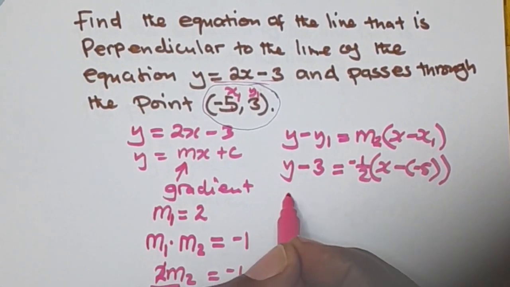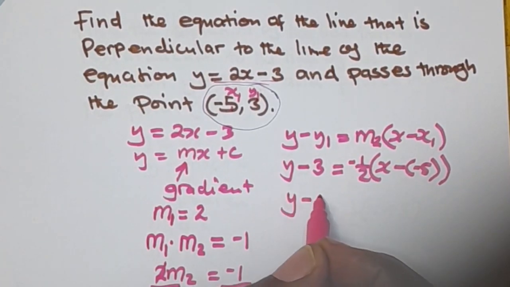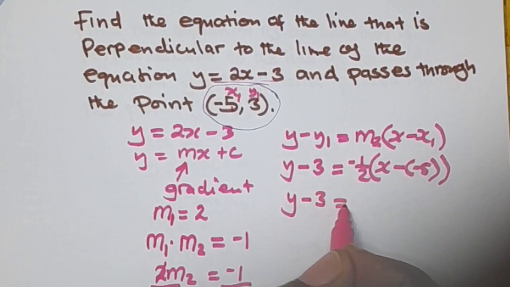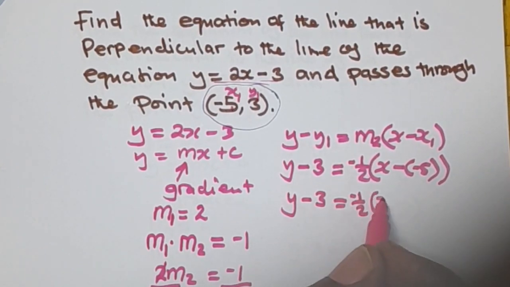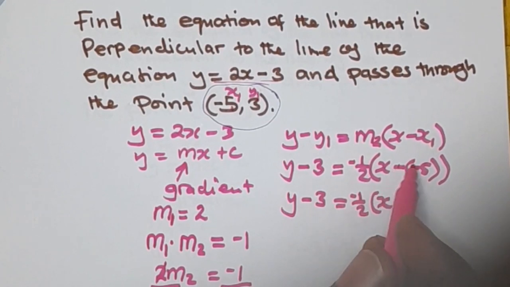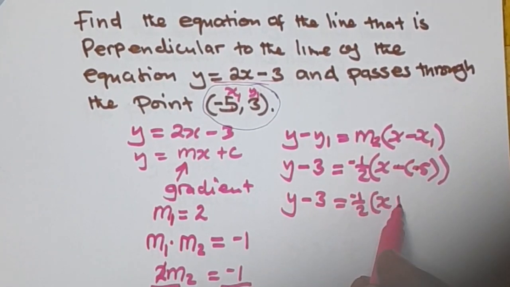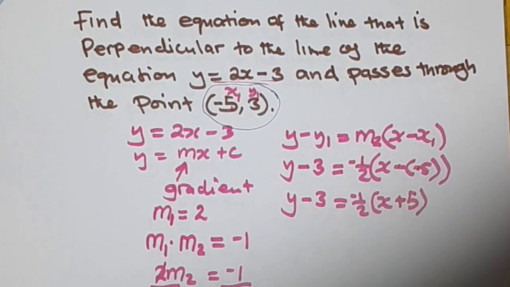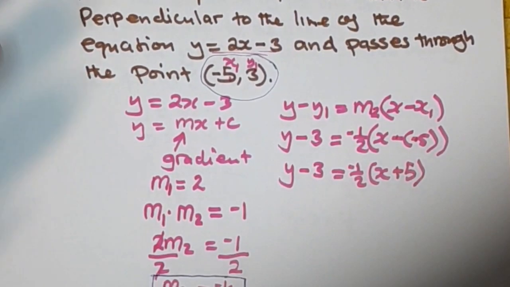Okay, so we need to simplify this. We are going to have y minus 3 is equal to negative half x. Negative times negative will be positive, so we are going to have positive 5 in the brackets like this.